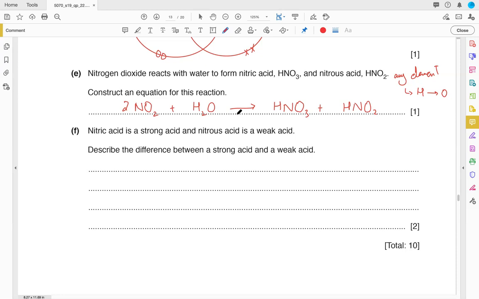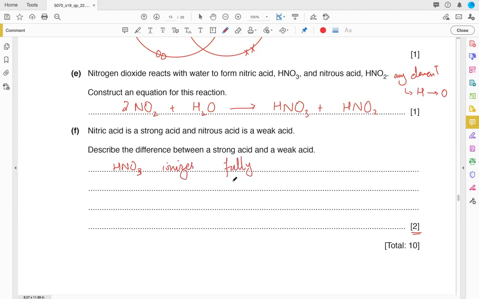All right, nitric acid is a strong acid and nitrous acid is a weak acid. So this is a 2-mark question. There are 2 things that you have to determine here. First of all, the simple answer would be that nitric acid ionizes fully.